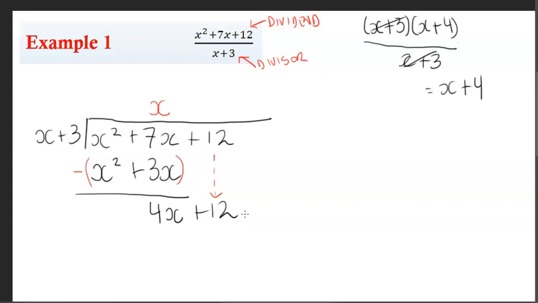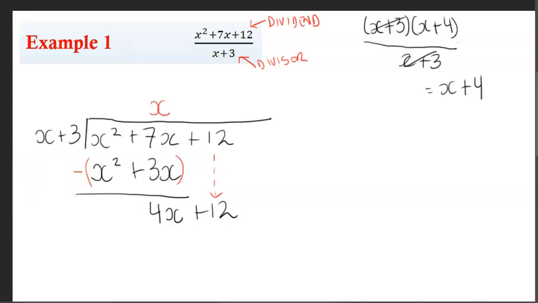We're going to find out how many of those x's, the leading term of the divisor, go into 4x. How many x's go into 4x? 4. There are 4 x's.